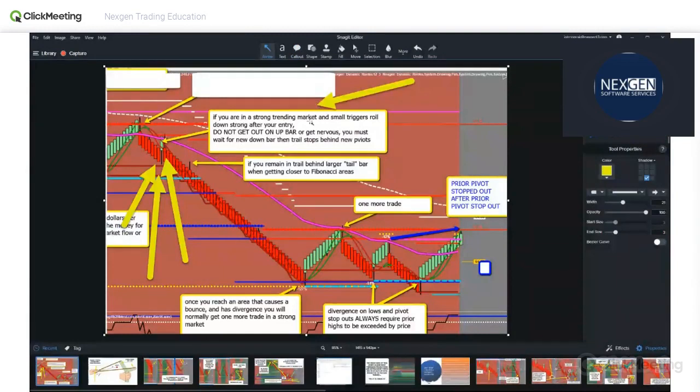If you're in a strong trending market or a number one look, and the small triggers roll down after your entry, don't get out on an up bar or get nervous because traditionally it's going to keep going down. So in this situation, as you said, it paid off, but traditionally when the triggers roll down after you get in up here on the way up, once they roll in your favor, then it's just gravy usually.